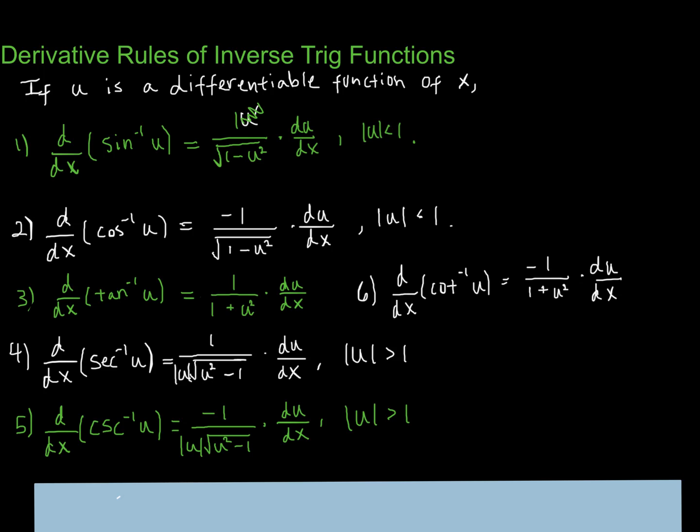Let's take a look at inverse secant and inverse cosecant. Before I get started, let's remind ourselves that the reciprocal of sine, in other words 1 over sine of x, is cosecant of x. The reciprocal of cosine, 1 over cosine of x, is secant of x.